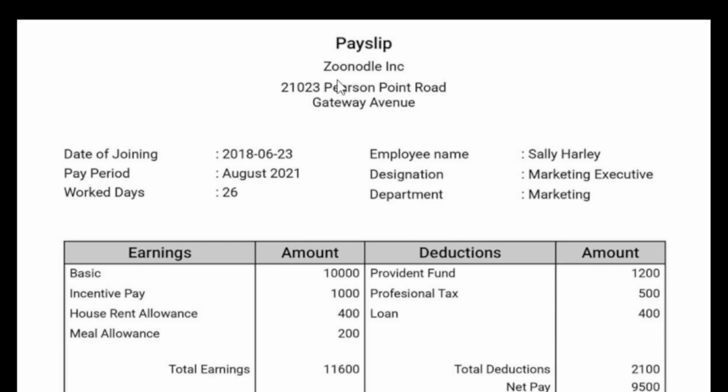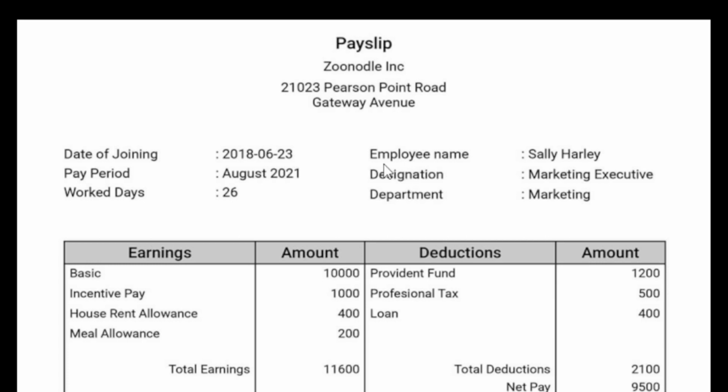So the company is Zoonadal Inc. This is the address of the company. And then we have some important information that gets asked here. So things like date of joining. In other words, they might ask, when was this individual employed? They might even start by asking, what is the name of the employee whose salary slip we see here?